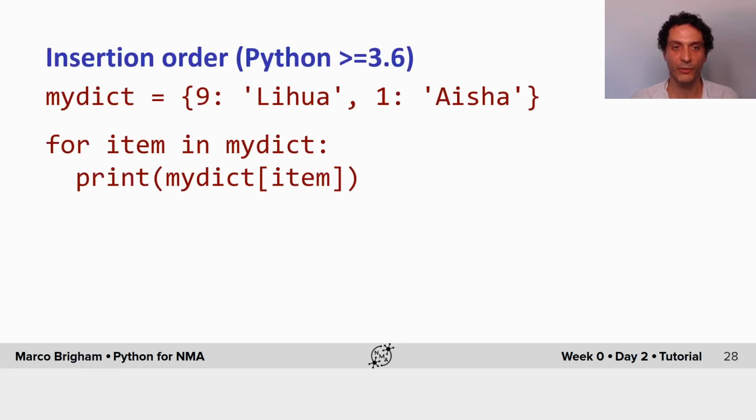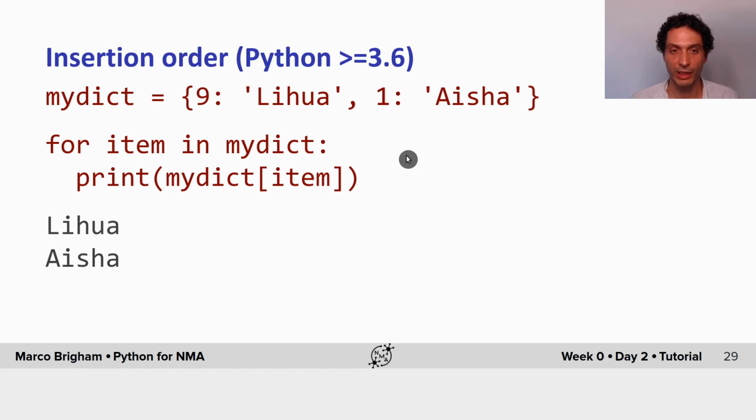Okay, so insertion order. When you loop through the keys of a dictionary, they will be retrieved by the order of insertion. So here, for example, even though we inserted first key 9 followed by key 1, it doesn't really matter the value of the keys.